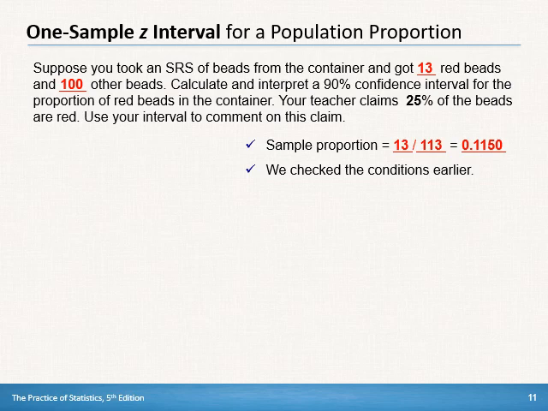And those numbers are actually the 13 and the 100. It's the number of successes, or red beads, and non-red beads in our sample. So 13 and 100, both of those are over 10, so we're good. So we've checked our conditions again. Those 3 conditions we need to check every time. And we'll talk about how those are incorporated into your 4-step process too.